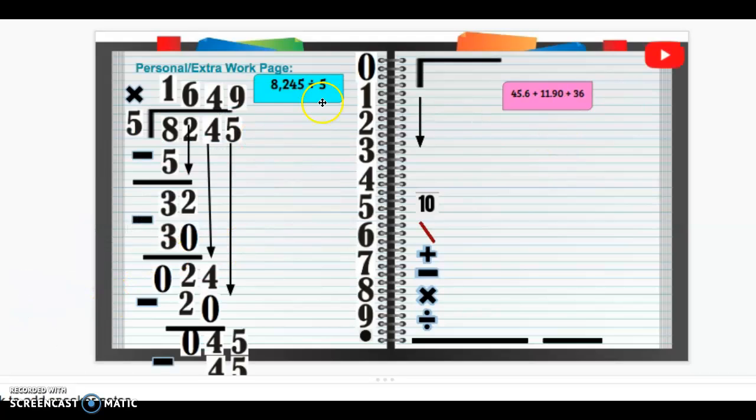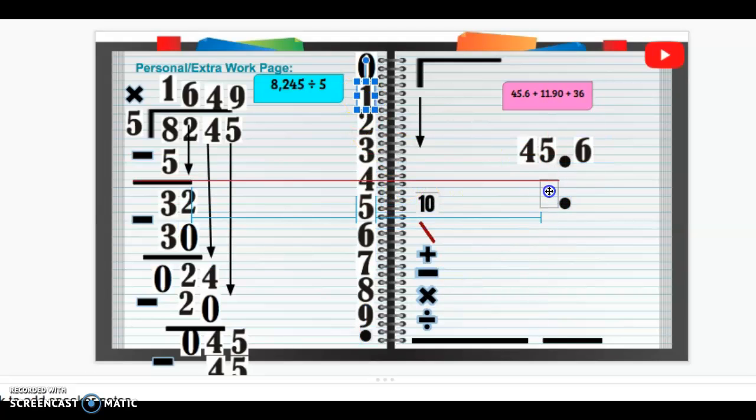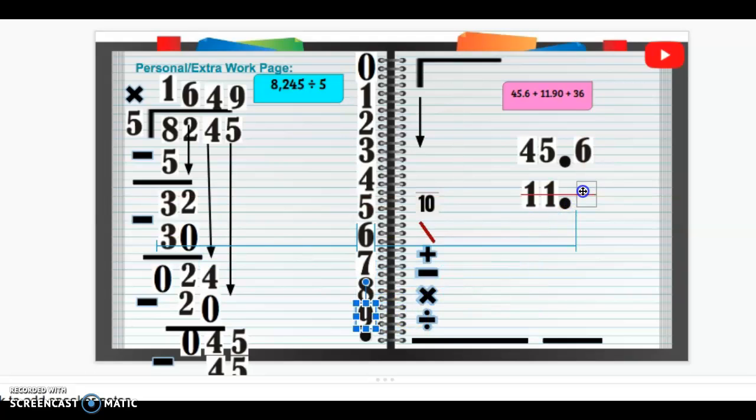And then our last problem, we're adding. So you have to add 45.6 plus 11.90, so you have to line up your decimal points. The 1's right in front of it, in the 1's place, the 1's also in the 10's place, the 9's in the 10th place, and then a 0 in the 100th place.